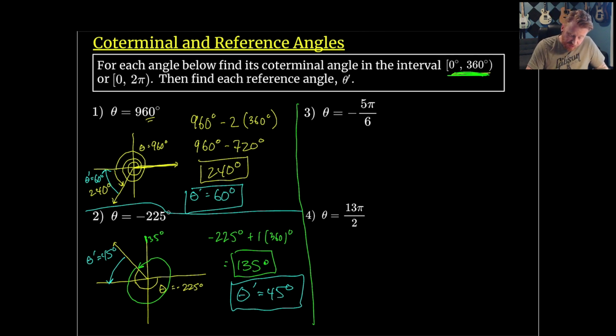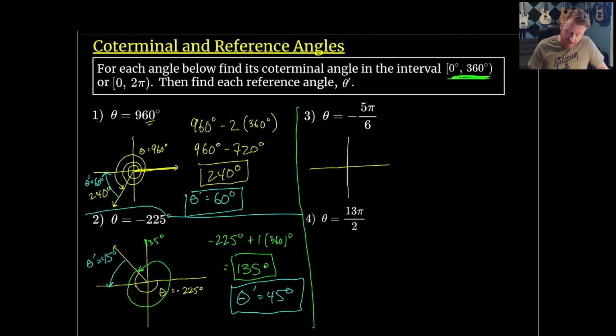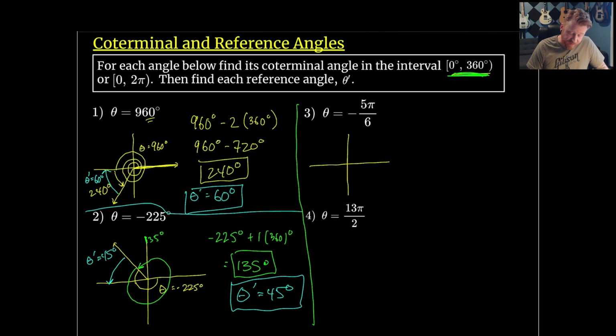All right, now moving on to the radians here, and these are maybe a little less intuitive because we've just learned about them, but let's draw some pictures here. Pictures always help me a ton. So I want to go to negative 5 pi over 6. If I just move 1 pi over 6 at a time, I can find negative 5 pi over 6. So if I think about moving a third of the way, that's 1 pi over 6, 2 pi over 6, 3 pi over 6, 4 pi over 6, 5 pi over 6.